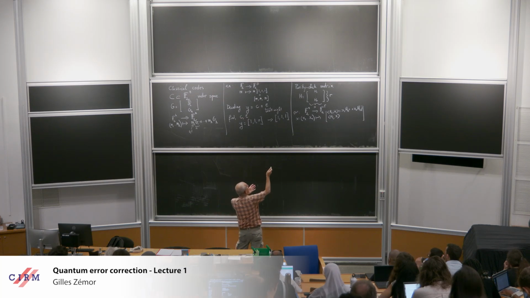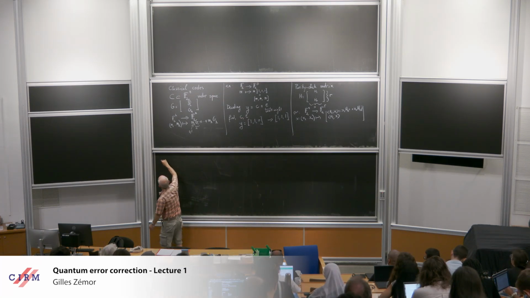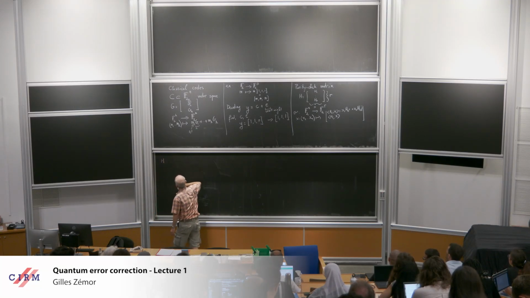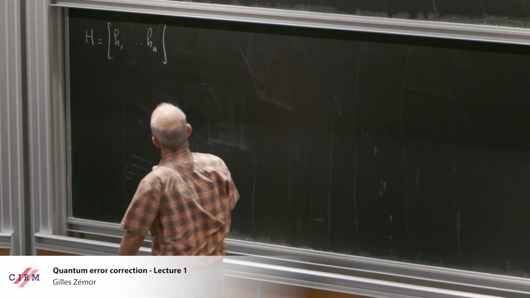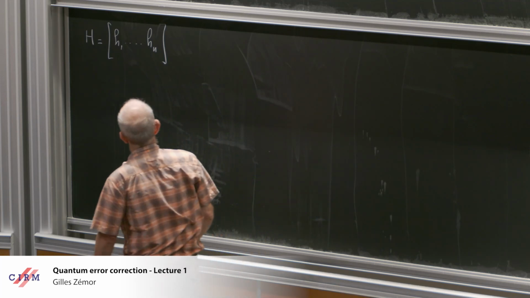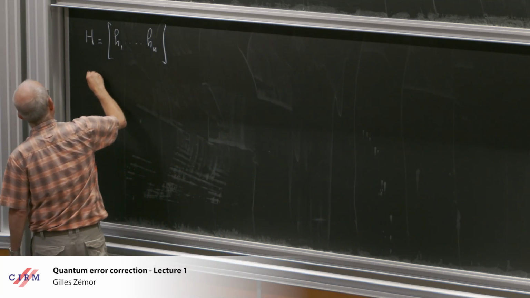I've written the parity check matrix as a set of rows, but you really want to think about it as a set of columns, h1 through hn. And written like this, what does the syndrome function do?